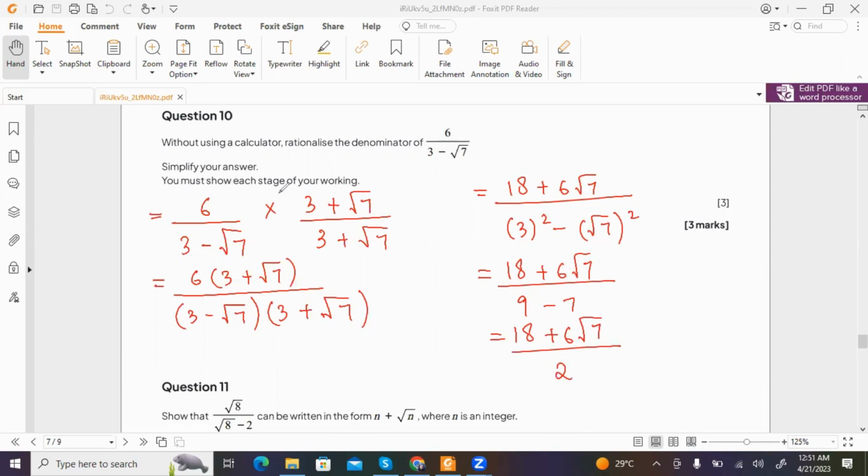Since it says simplify your answer, we split it into two fractions, 18 over 2 plus 6 root 7 over 2, which is 9 plus 3 root 7. If you want to, you can take 3 common, and it's going to be 3 times 3 plus root 7. But either way, it's the same thing. That's your answer.